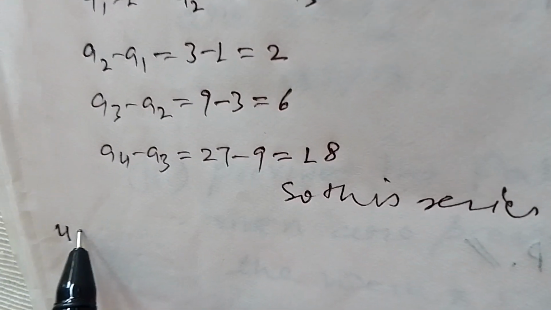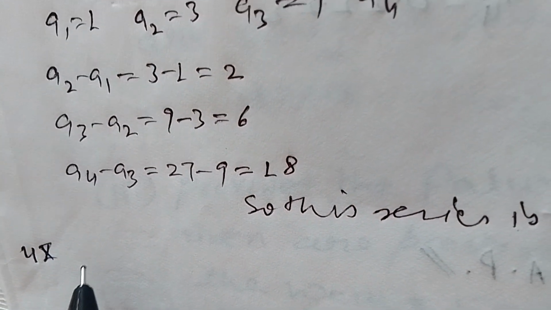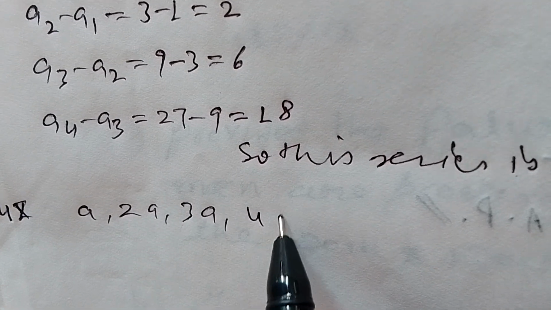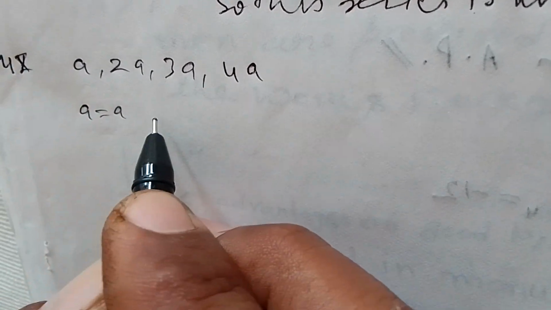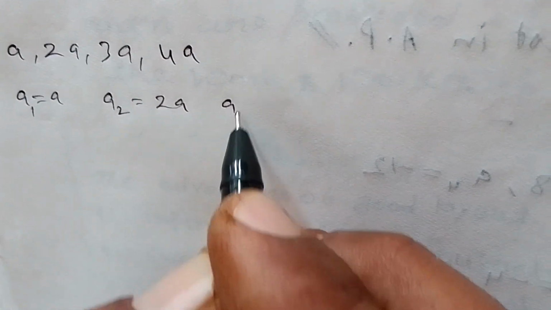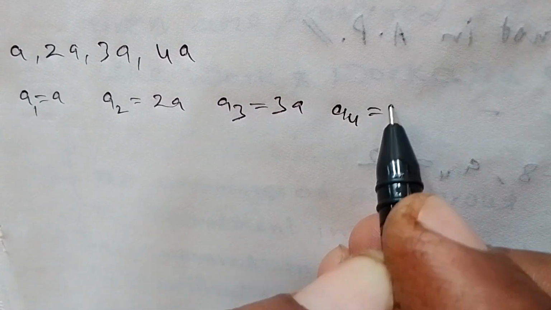Now the fourth part is the 10th question, that is A, 2A, 3A, 4A. So the first term A1 is equal to A, A2 is equal to 2A, A3 is equal to 3A, A4 is equal to 4A.